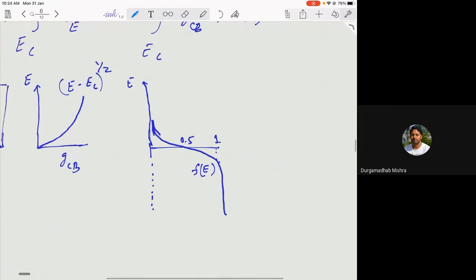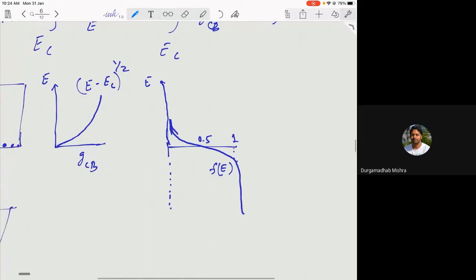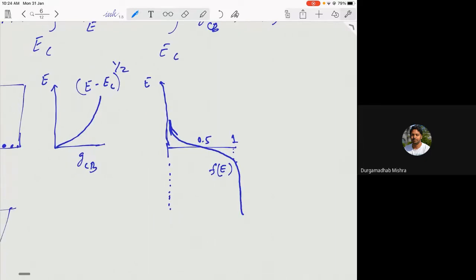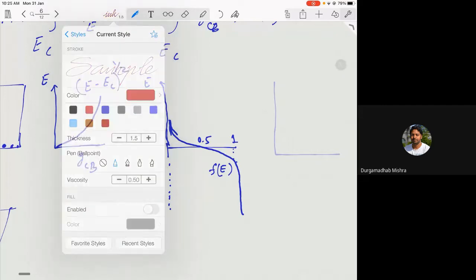And now if I plot these two together, how would it look? The product will give me the total number of electrons in the conduction band. Let's plot it in a different color.